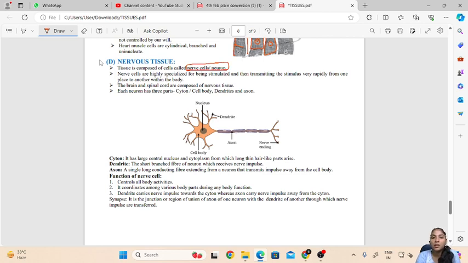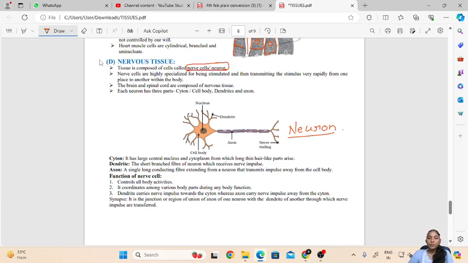Here is the diagram of a neuron. We will see all the parts that a neuron or a nerve cell has. Now nerve cells are highly specialized cells. They are highly specialized for being stimulated and then transmitting the stimulus to various parts of the body very rapidly.